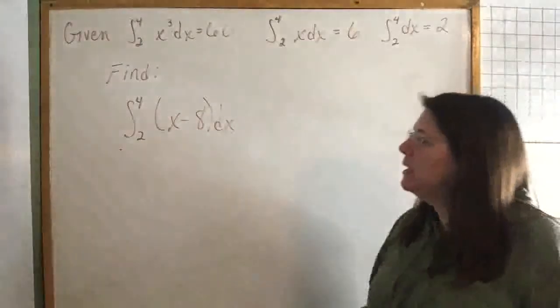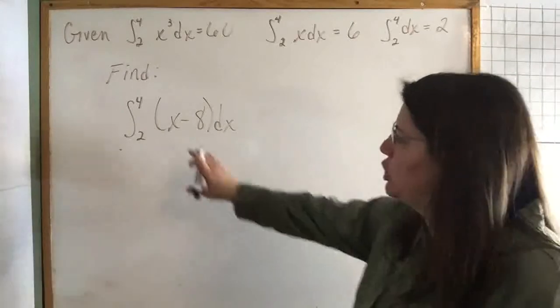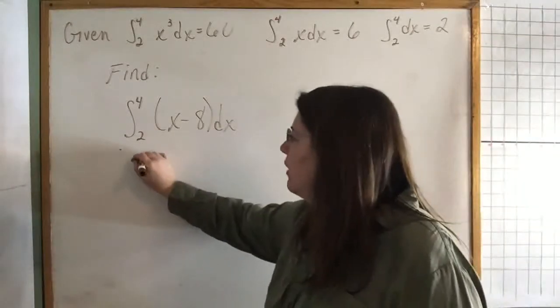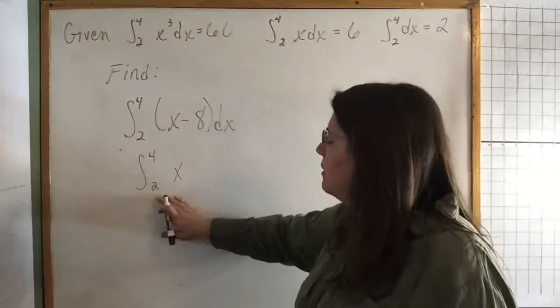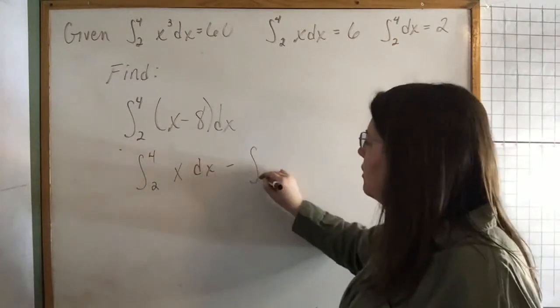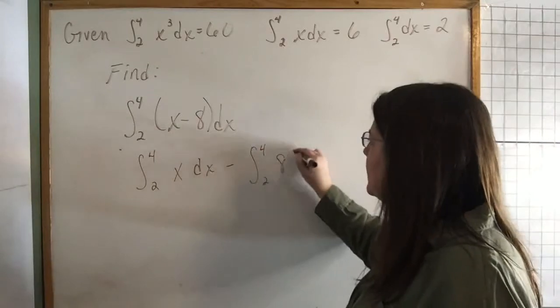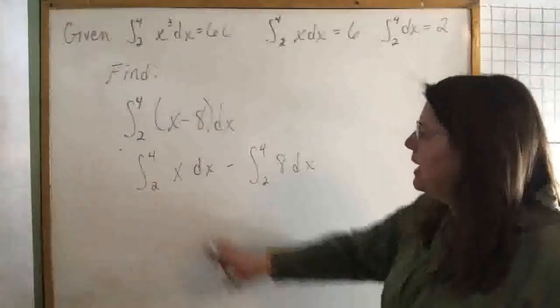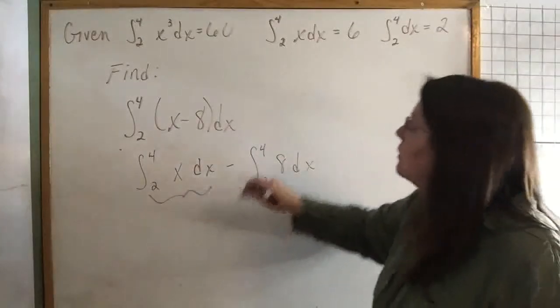Okay, for this one, I've got two parts here, so I'm going to rewrite it and separate those two parts out. The integral from 2 to 4 of x dx minus the integral from 2 to 4 of 8 dx. And now this looks exactly like this.